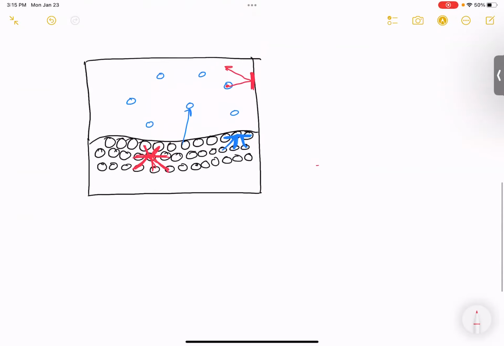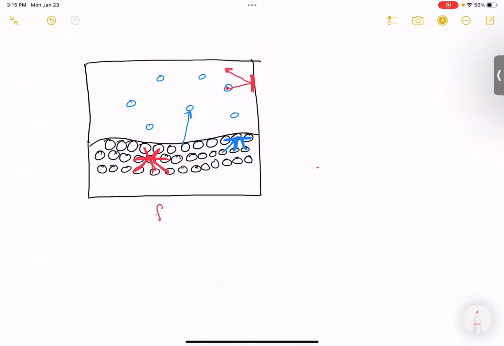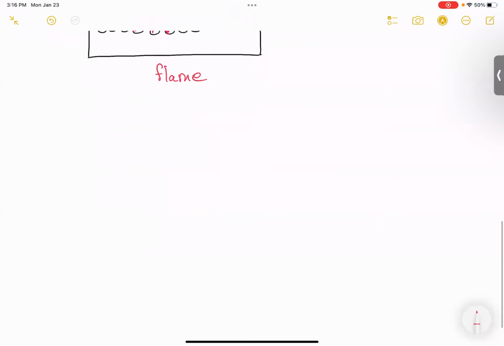Of course, we can alter this. After all, we can add a flame or heat underneath this, and of course, we're going to increase the vapor pressure. So the vapor pressure is directly related to the temperature.